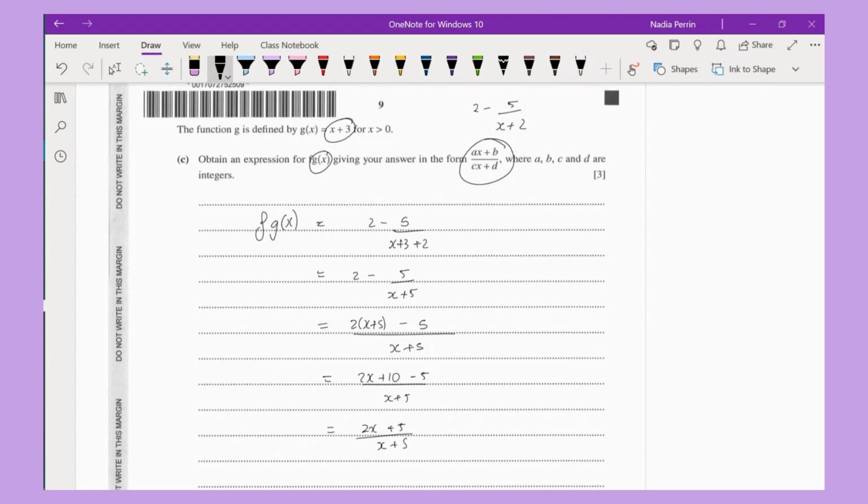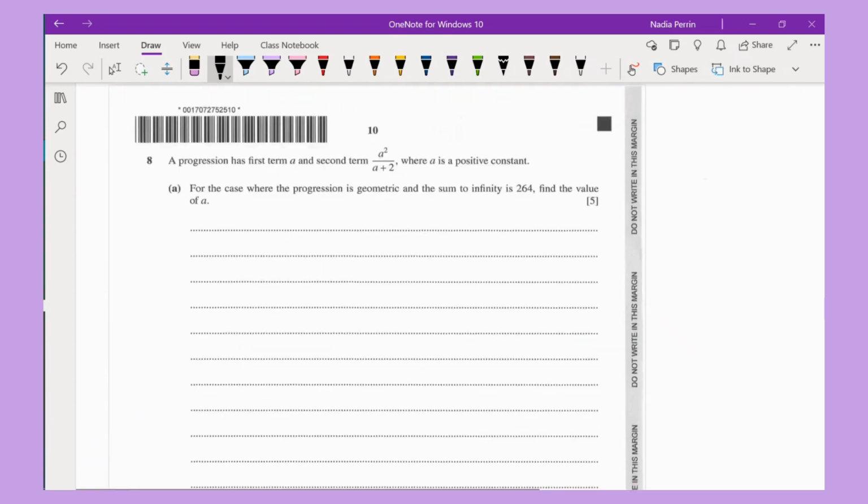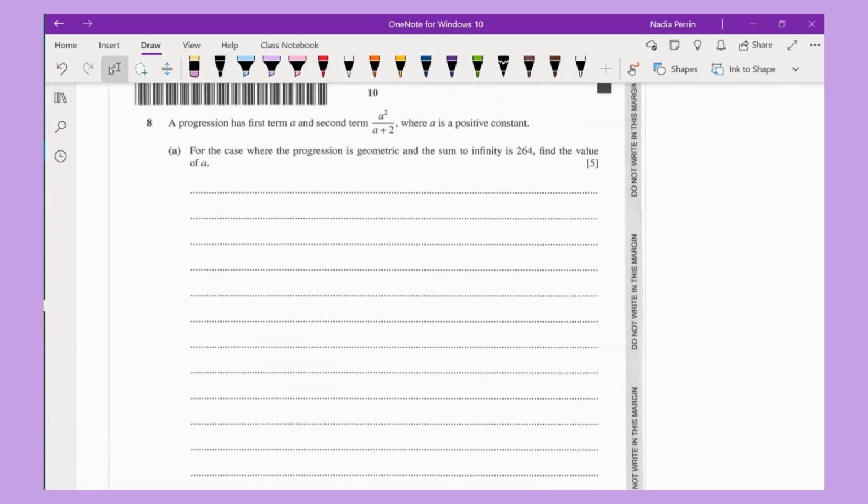Right, moving on to question number 8. So we've got a progression where the first term is a and the second term is a squared over a plus 2. And they're saying for the case where the progression is geometric and the sum to infinity is 264, find the value of a.